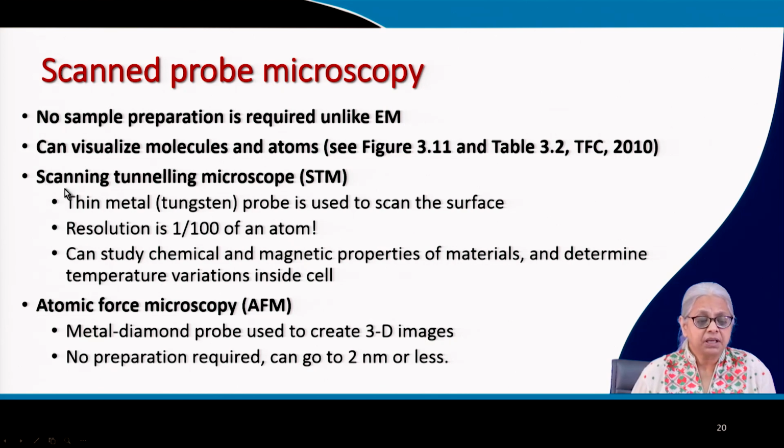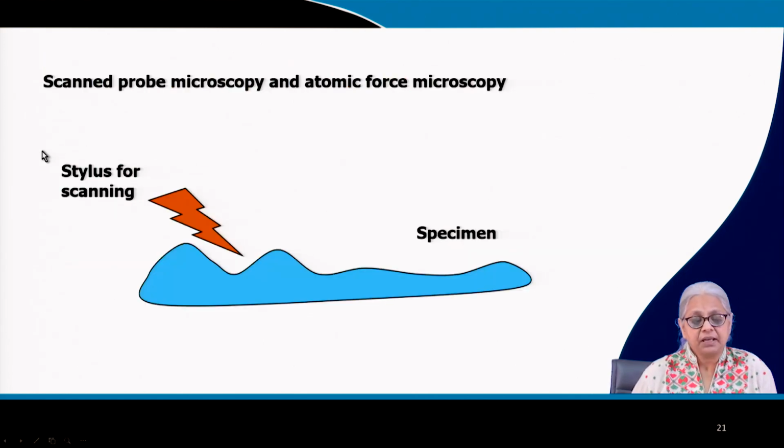And then we come to scanning tunneling microscopes, STM for short, where we use a thin metal probe to scan the surface. So we have a stylus type metal probe, and this metal probe will move as the surface of the specimen varies. The height of the surface of the specimen will vary, and the stylus will move along with that surface.